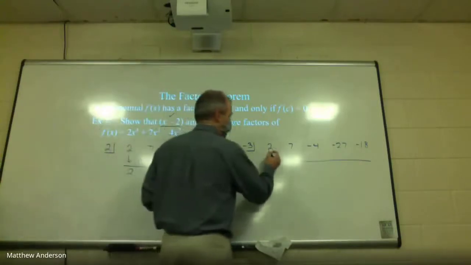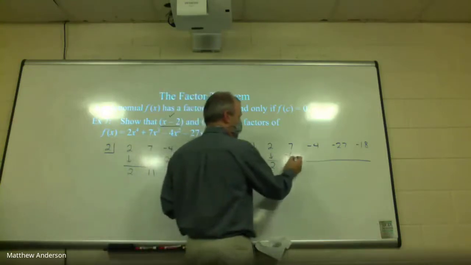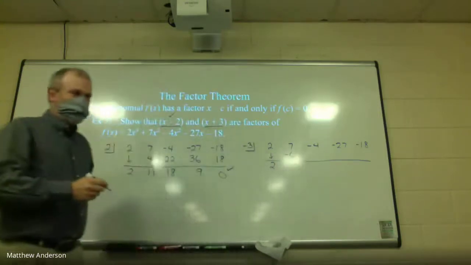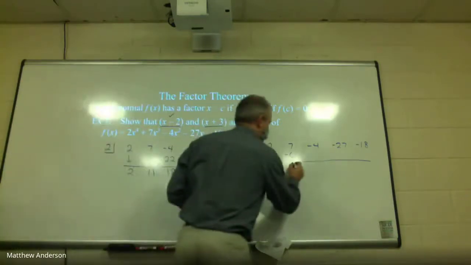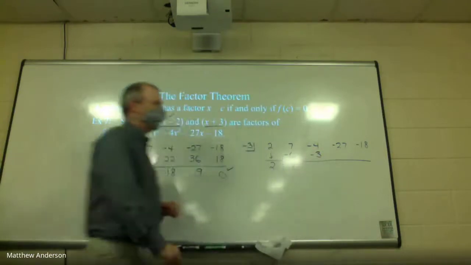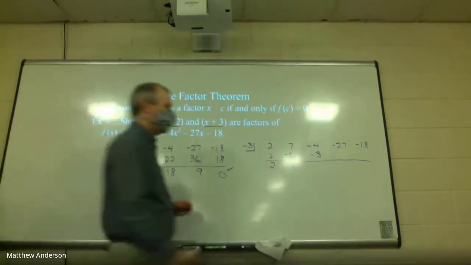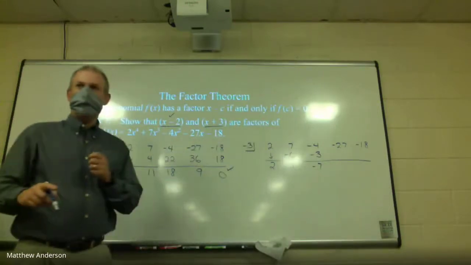Bring down the 2. And then 2 times -3 is -6. What is 7 plus -6? 1. And then 1 times -3 is -3. What is -4 plus -3? -7. -7 times -3?